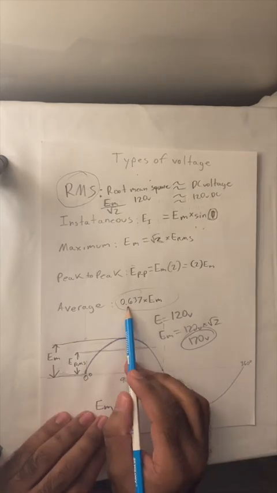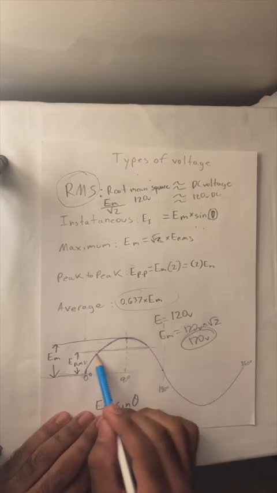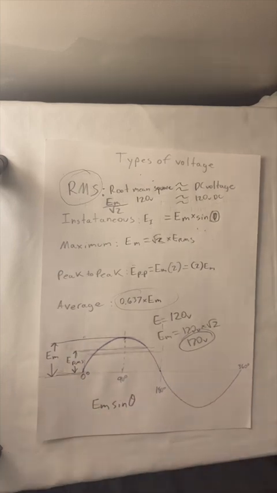The average voltage is about 63.7 percent, so a little bit less than the RMS voltage.